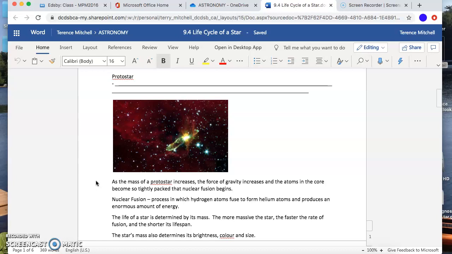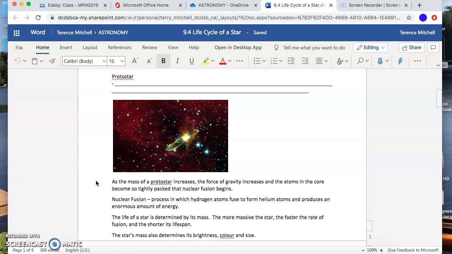It's not something that's happening on Earth. They fuse together to produce helium. As hydrogen atoms fuse to form helium, huge amounts of light and heat are given off. Hence why our sun and all stars are so bright and so hot.